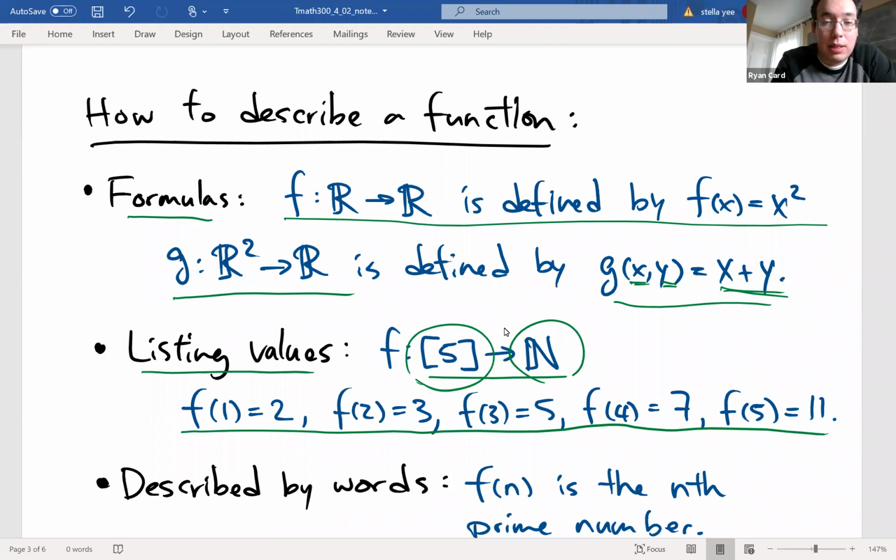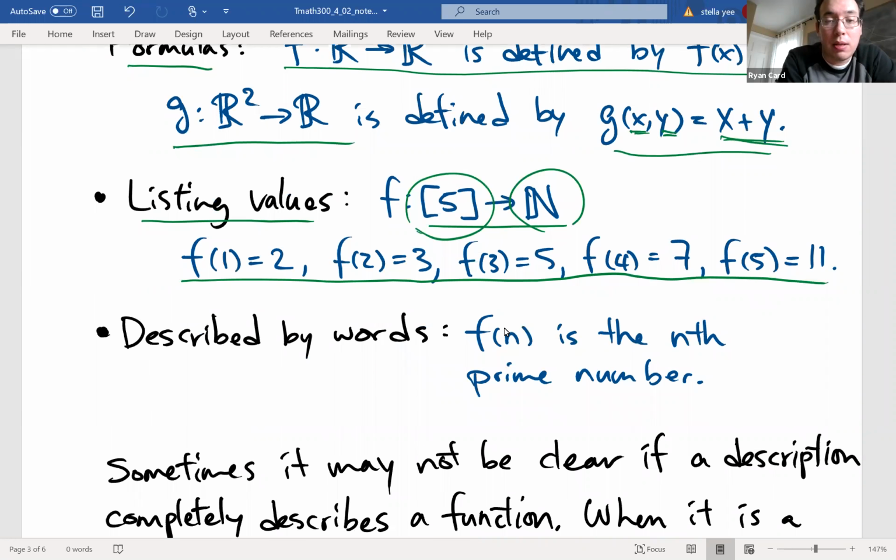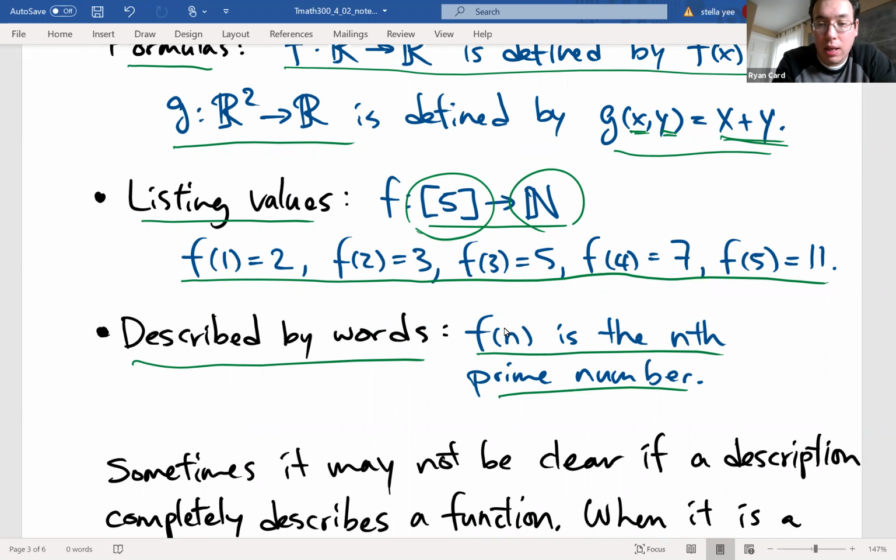Another way you might describe a function is by words, or some kind of process by which you could determine the output. You might say something like f of n is the nth prime number. And if the domain was the same, this describes the exact same function that I described above, right? The first prime number is 2, the next prime number is 3, and so on.